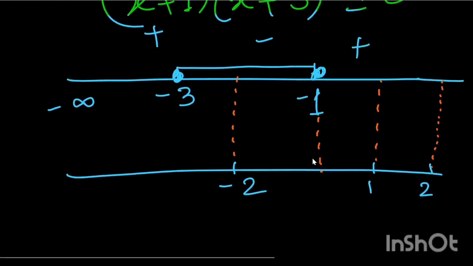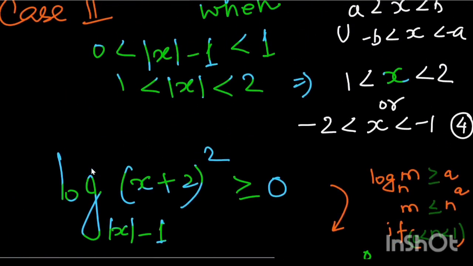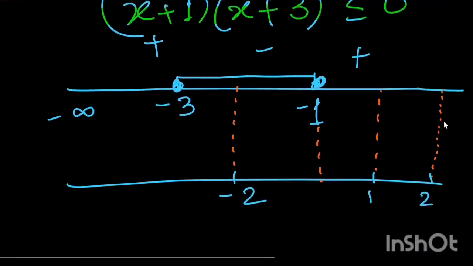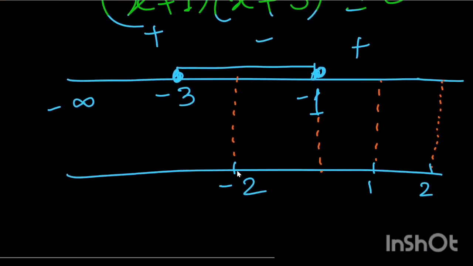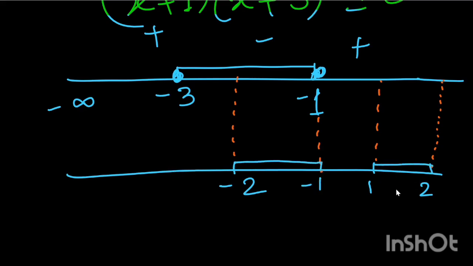So if you take intersection with our domain, which was 1 to 2 and minus 2 to minus 1, that we will plot here. Minus 2 to minus 1 is this, and 1 to 2 is this, guys, and we will take the intersection of these two.